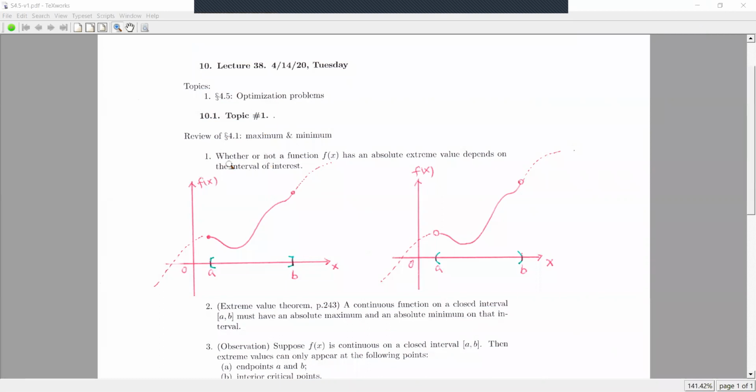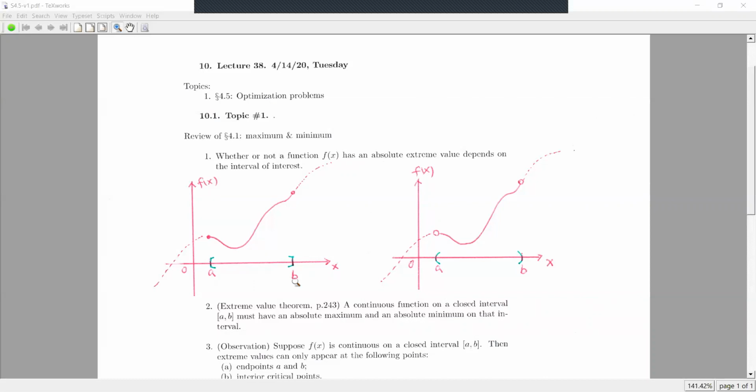Review number 1. Whether or not a function has an absolute extreme value depends on the interval of interest. Here we have two figures about the same function f. In the figure on the left, I consider the portion of the graph of function f over this closed interval.